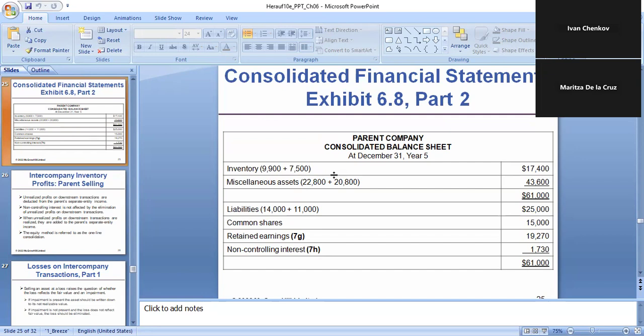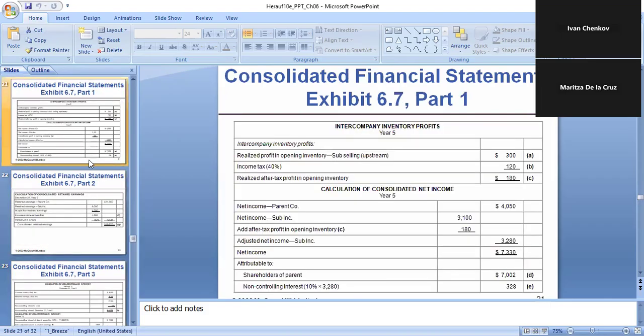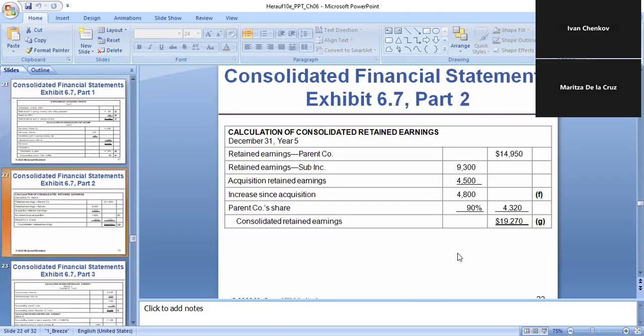We're going to see the inventory, parent and subsidiary, miscellaneous assets, parent and subsidiary. Then we're going to add the liability, parent and subsidiary, common shares. Now the common shares, the retained earnings, we're going to get the retained earnings that we calculated in the previous section, which was right here.